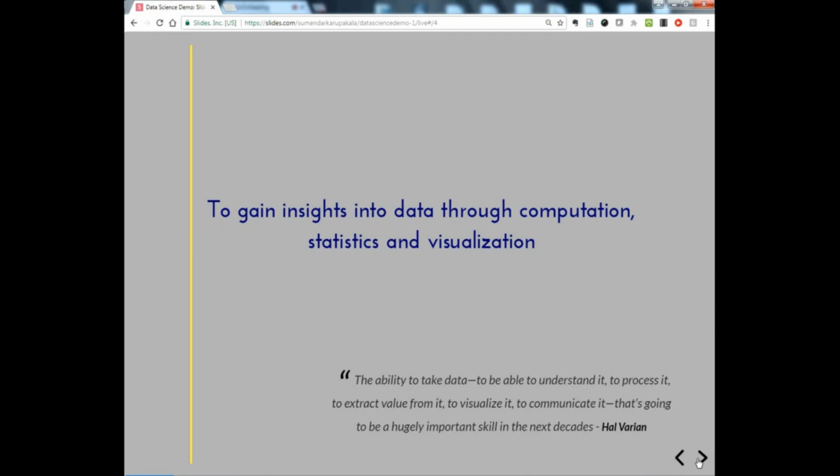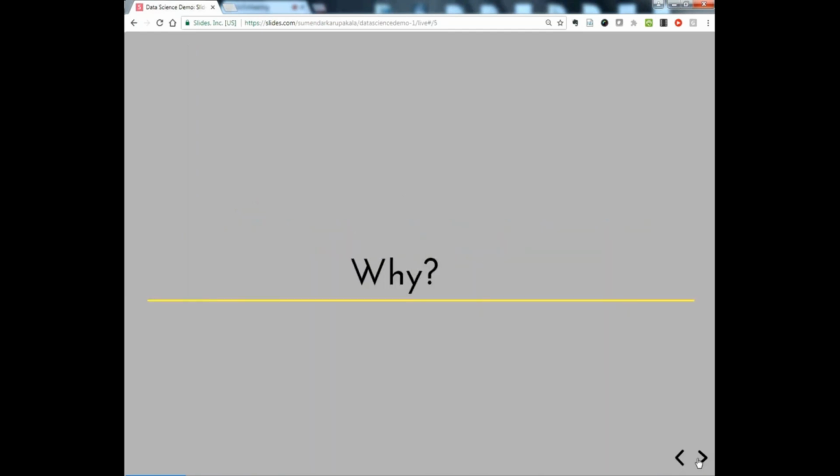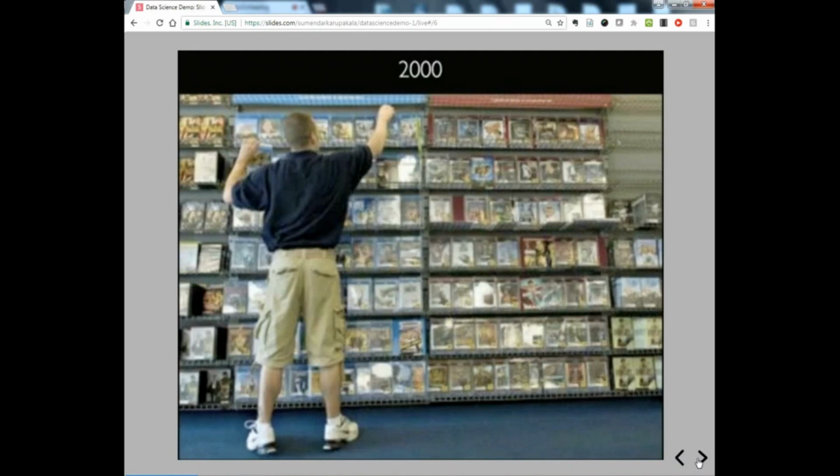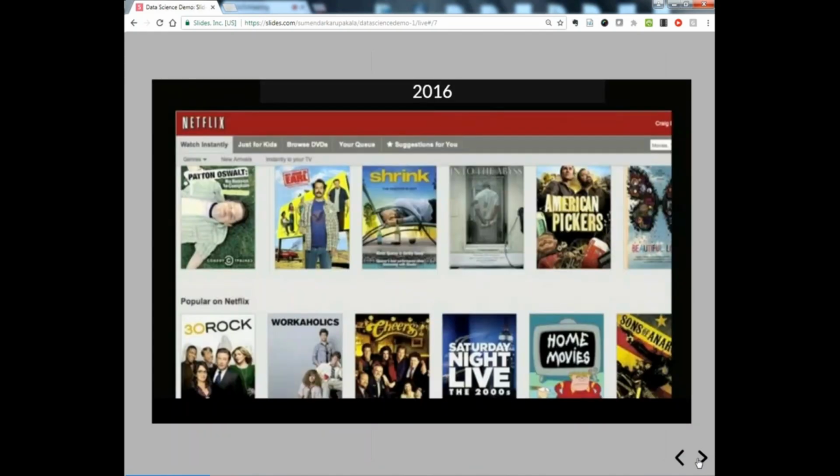And why do we actually need data science? For example, if you go back to earlier, around 2000, the data was different. If you wanted to watch a movie, you would just go to a DVD shop, bring the DVD, and watch it. But right now everything is online, whether it is YouTube or Netflix or whatever, entirely related to data.